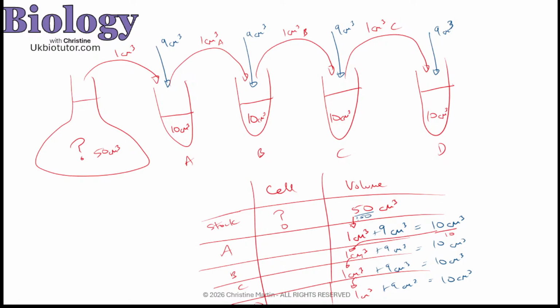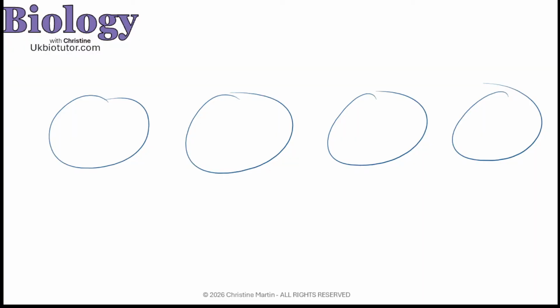Now, let's say I take out each of A, B, C, D. So A, B, C, and D. And I am going to remove out of that 0.01 centimeters cubed.